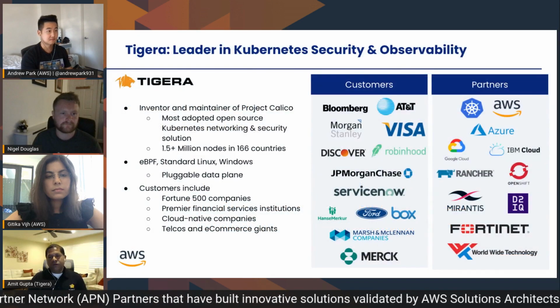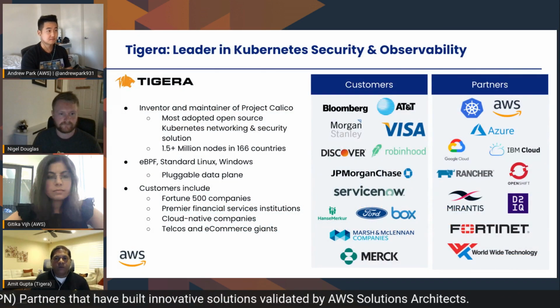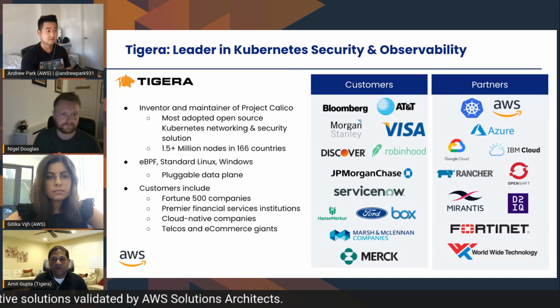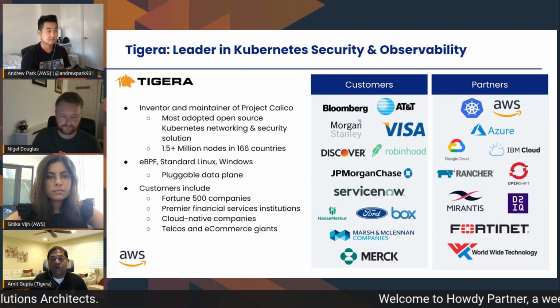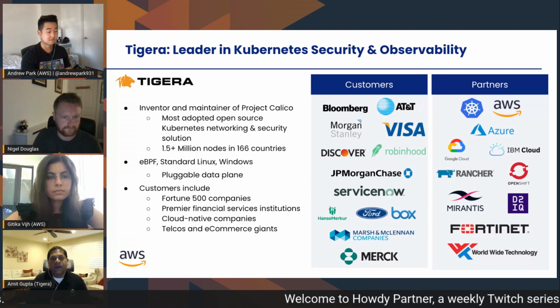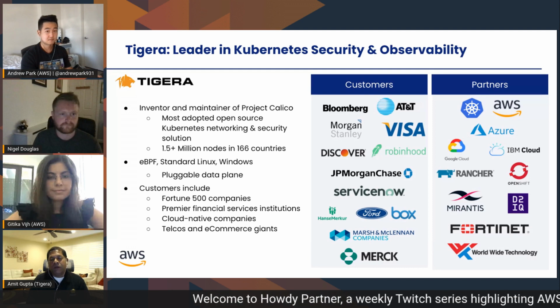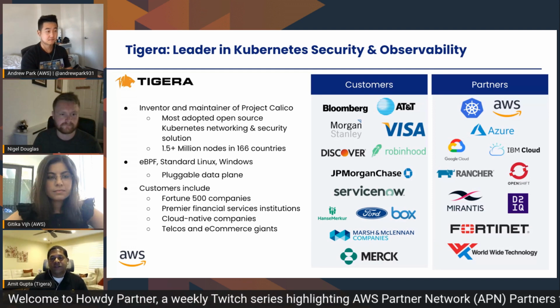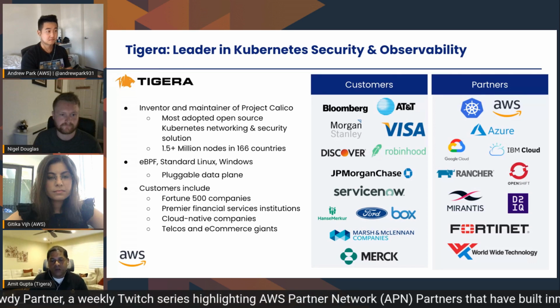For those folks who are not very familiar with Tigera, we're actually the inventors and maintainers of Project Calico, founded about 5 years ago, and very proud and very blessed to say that we are the most adopted Kubernetes open source networking and security solution.